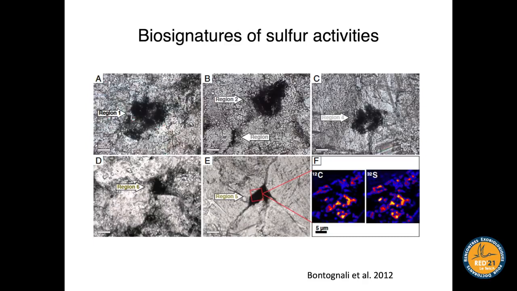This is one example by Thomas Bontagnali, who measured the sulfur isotope composition, because a lot of microbes can use sulfur as an electron acceptor or even an electron donor, depending on their metabolic activity. And so if we measure the sulfur isotope composition of the organics, but also the pyrite, you can have a good overview of what the biological sulfur cycling was at that time.